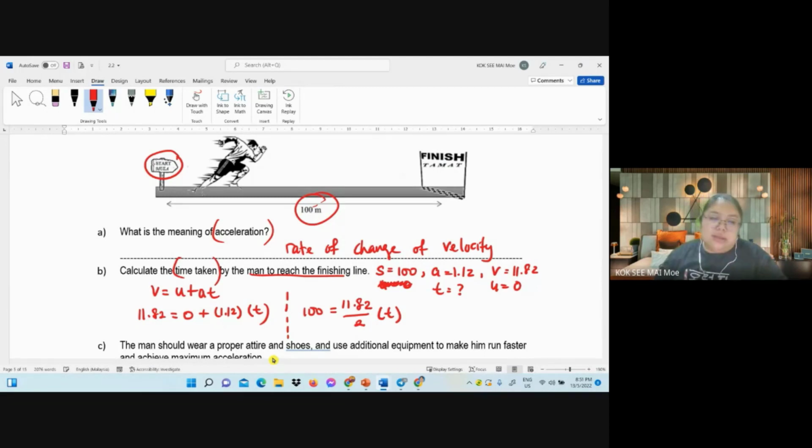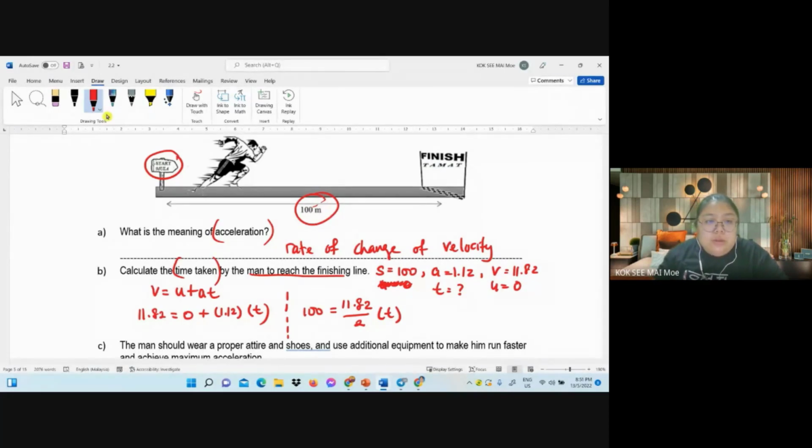We find out if the answers are the same or not. 11.82 divided by 1.12, the first one I find 10.55. For the second one, 100 over 11.82 divided by 2, I get 16.92. There's a different answer.